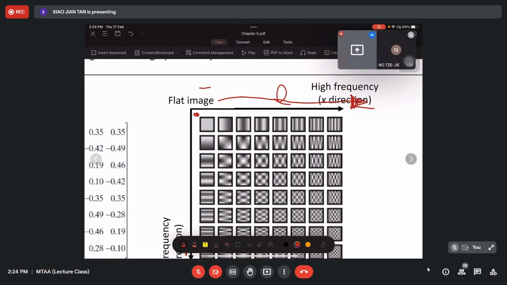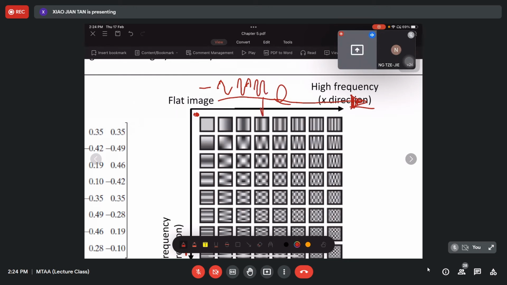Still remember, white color is the rising edge, and black color is the falling edge. So for this one, you can assume that this is a rising edge and a falling edge, like a sine wave. And then for this one, you will have a rising edge, falling edge, rising edge again, rise, fall.